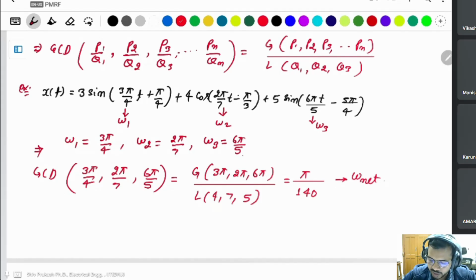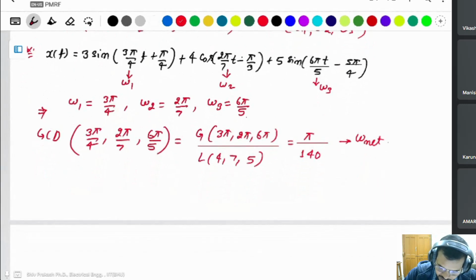Simply you can find it. If there is no GCD in the numerator, same thing. If there is no pi here, then what happens? There is no common anything. If there is no common anything, then the signal is not a periodic signal. You can find whether the signal is periodic or not from this.